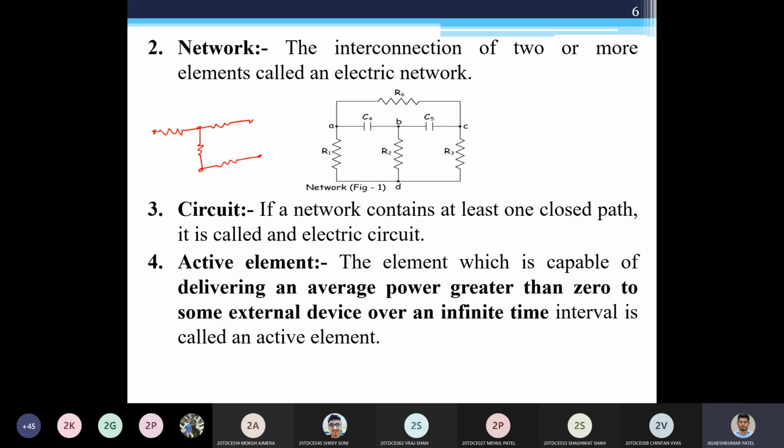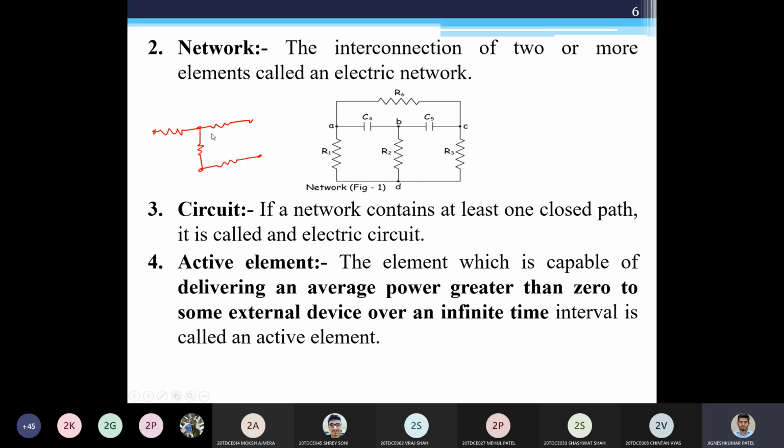But is it a circuit? It is not a circuit. Why? Because the issue over here is that it does not have any closed path.